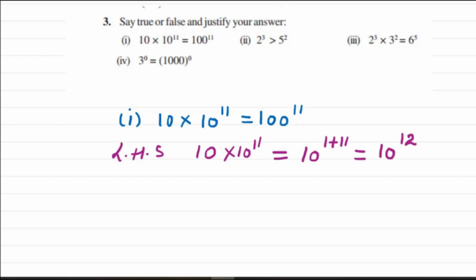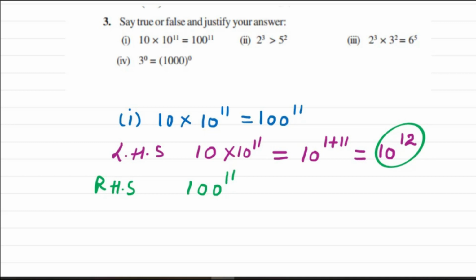Okay, now we will solve the right hand side. In the right side, we have 100 to the power 11. There is no need to solve that one. See, the left value will give you 1, and after 1 there will be 12 zeros.